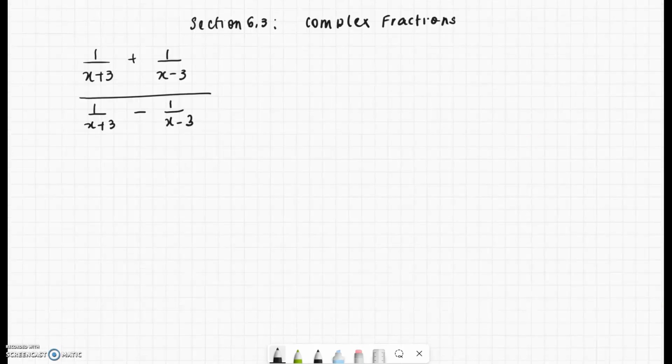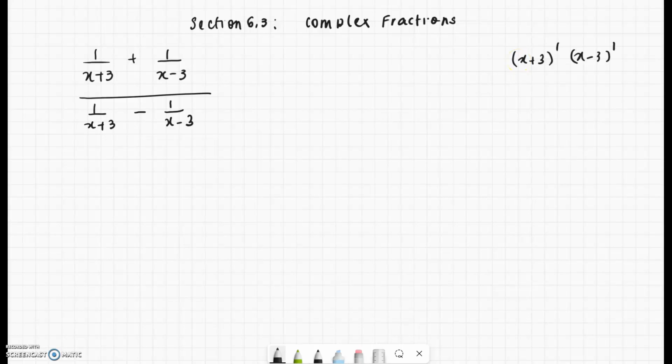Now let's use the method of division for this problem. In the method of division, we simplify the numerator completely, simplify the denominator completely, which means we have to find the LCM of x plus 3 to the 1, that's one of the denominators, and the other denominator is x minus 3 to the 1.